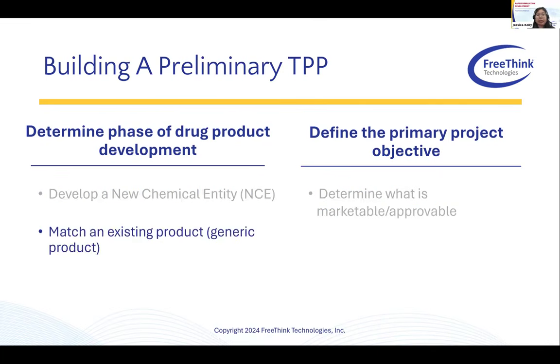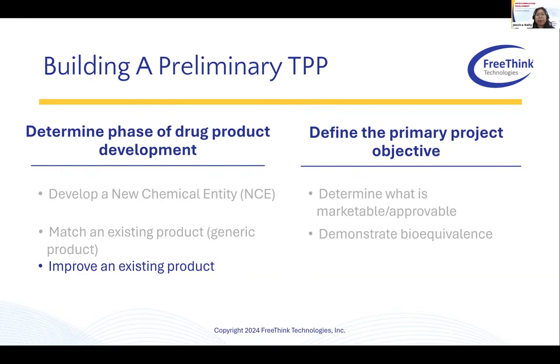The second would be to develop a product to match an existing product, which is otherwise known as a generic. And the primary objective for these types of projects is to demonstrate bioequivalence. And the third type is to develop a product to improve upon an existing product. So the primary objective for these types of projects would be to determine what needs to be improved and how do we go about improving it.